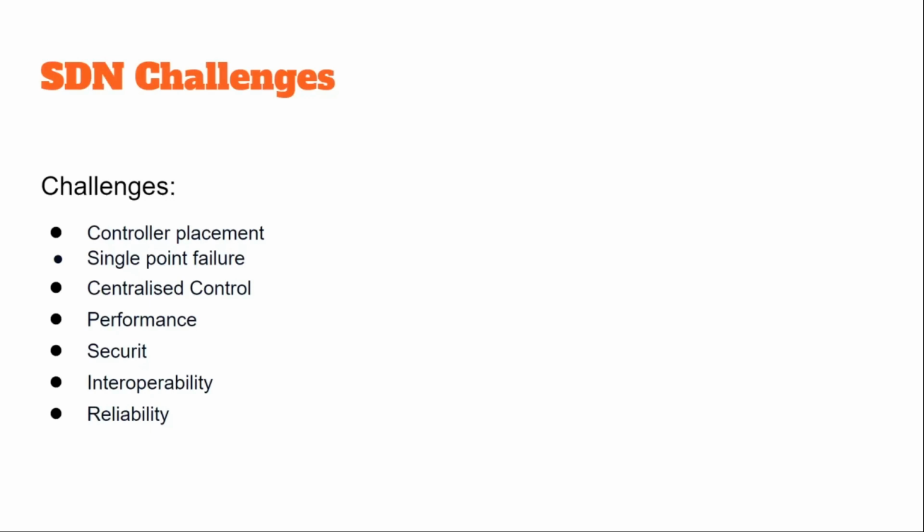Interoperability and reliability also get affected by the failure of the controller. So these are some of the challenges SDN has by itself. But compared to the advantages SDN provides over the traditional network, I think these challenges are negligible.